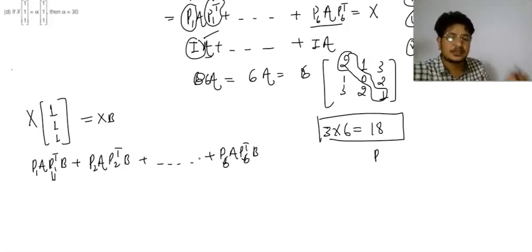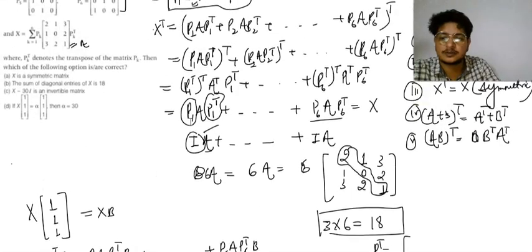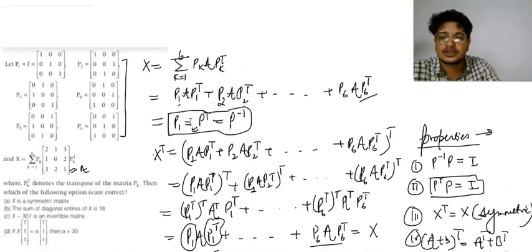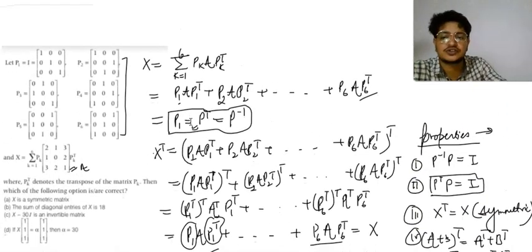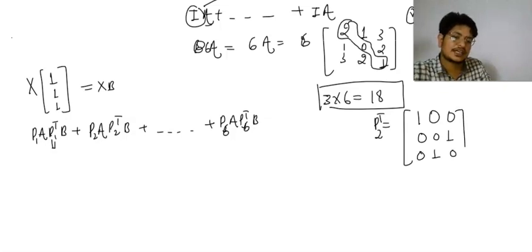Instead of using P1, I will go with P2. So P2 transpose is nothing but, let's go with P2. What is the value of P2? Let's check that. P2 is 100, 001, 010. So I will write here 100, 001, 010, and here I will write the value of B as 111.